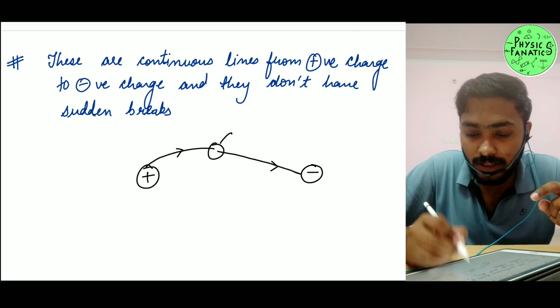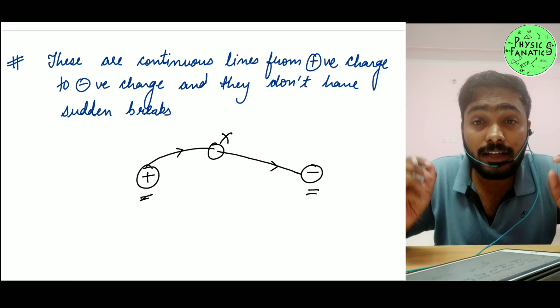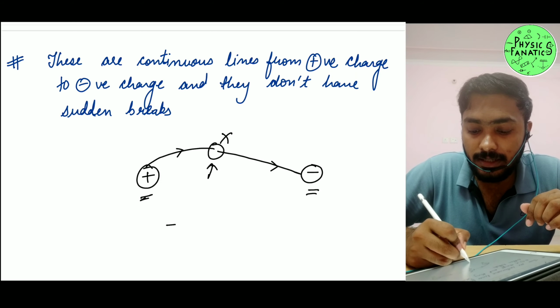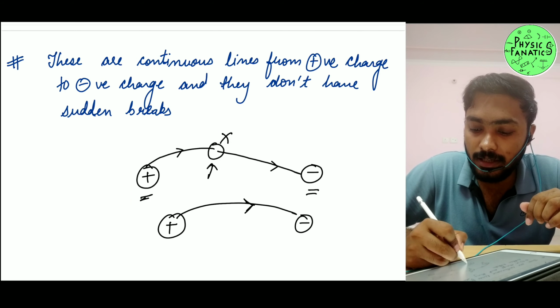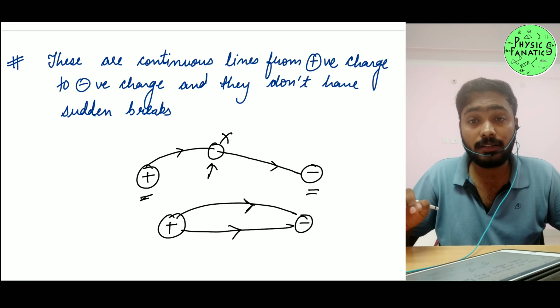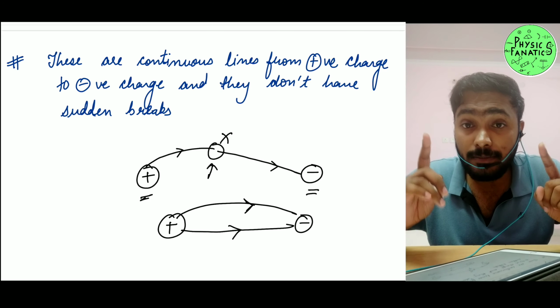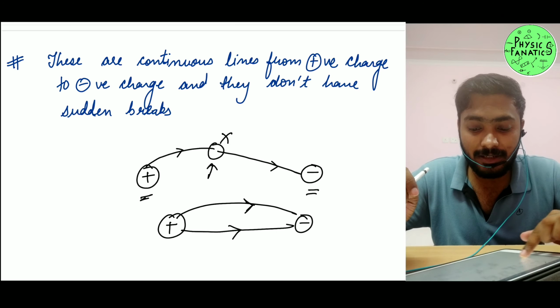This break is not allowed. They are continuous lines from positive to negative and there is no sudden break in between. They cannot be broken. If they are breaking in between, that means we're not talking about the same electric field lines, right? I hope that is understandable.